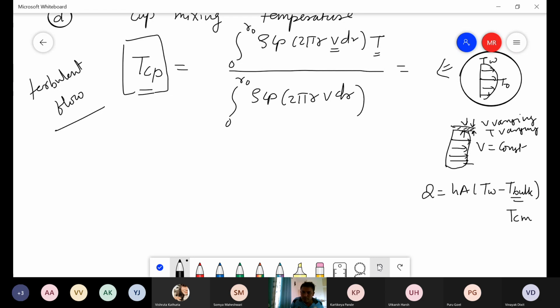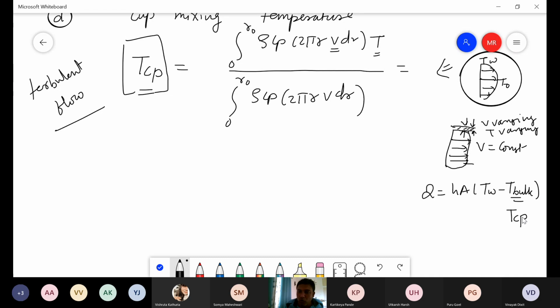Okay, so this concept is used for turbulent flow, but just for the sake of understanding, we are calculating it because calculation can be possible in a laminar flow in an analytical manner. That is why we are just calculating it, but we are not going to use it later on. Okay, it's all right.